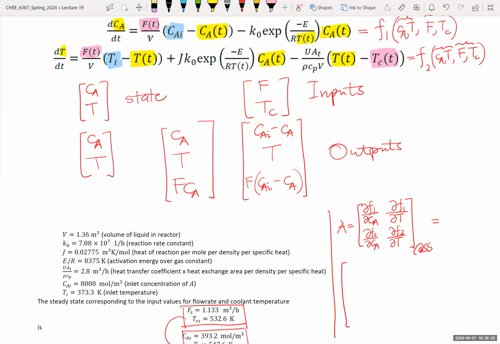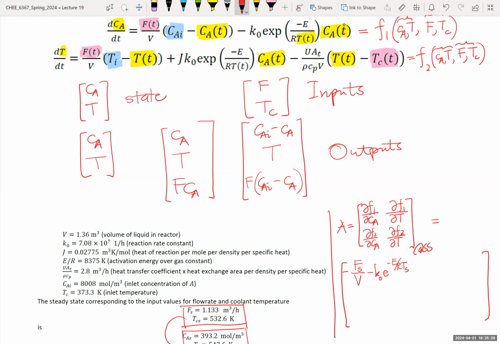Yes, so it's negative F over V, and it's F at steady state, where V and this expression here, partial with respect to CA, so it's minus K0 e to the minus E over RTS, because everything is at steady state.